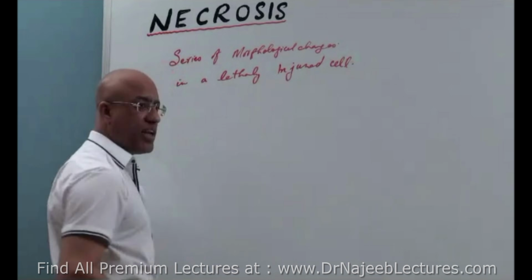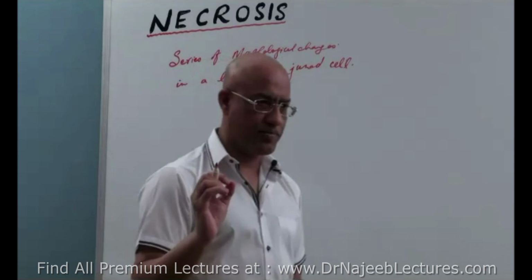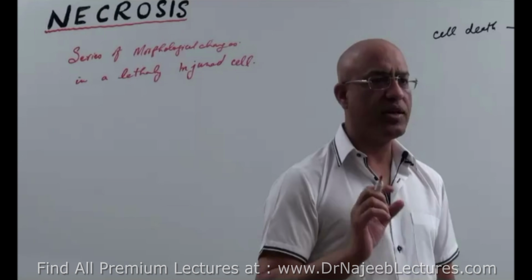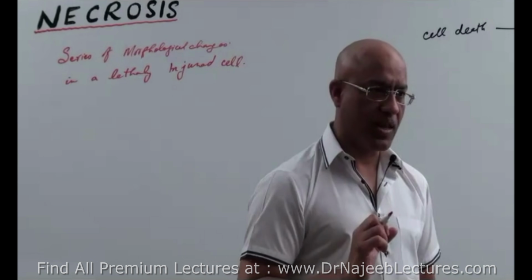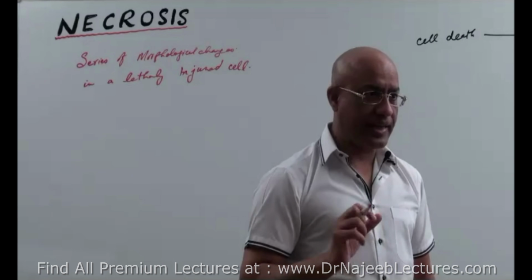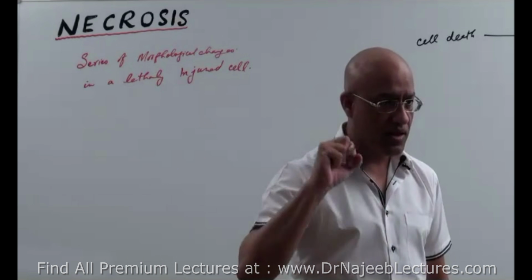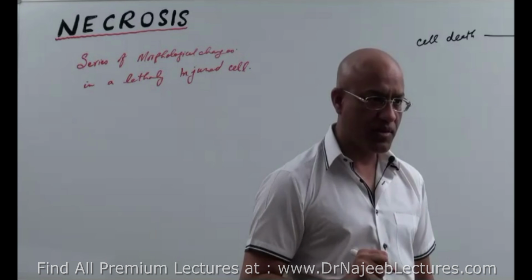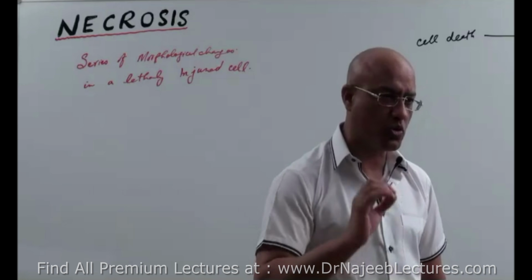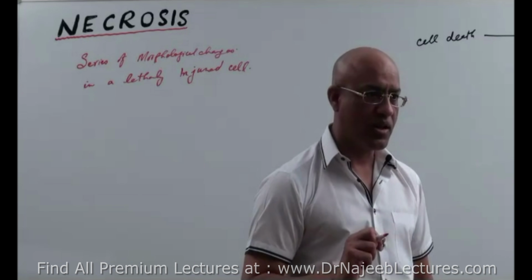It means a cell is so severely damaged that it cannot adapt to the injury, it cannot reverse its damage, it cannot adjust with the stress of injury. The cell cannot recover due to severe injury or prolonged injury.